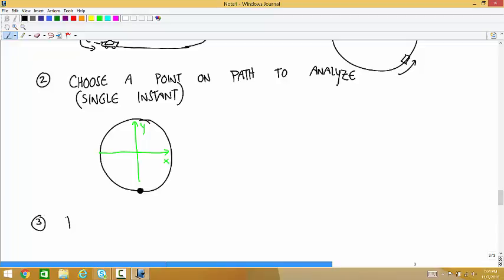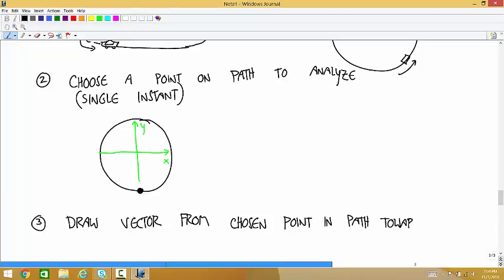Third, draw a vector from the chosen point on the path toward the center of the circle.